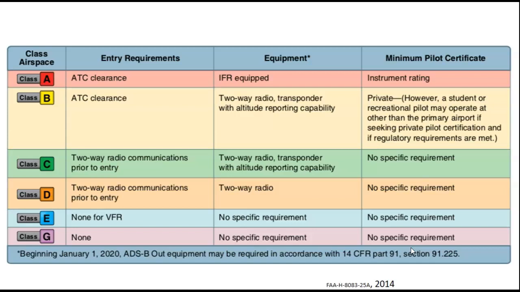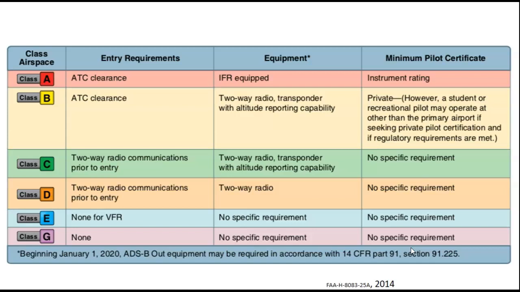For Class Delta airspace, you only need two-way radio communications. So all you have to do is establish two-way radio contact with ATC. All you need is a two-way radio. You don't need an altitude reporting transponder or Mode C transponder. And again, there's no specific minimum pilot certificate required.